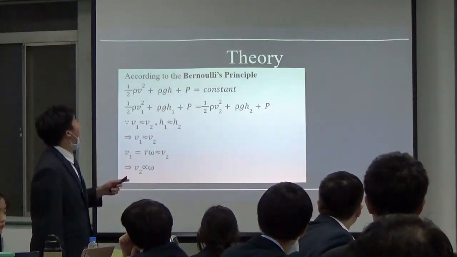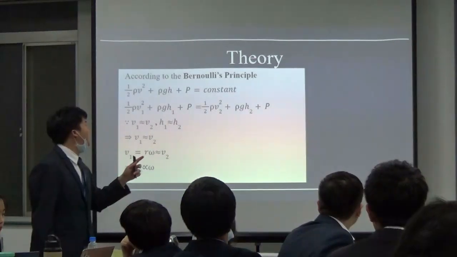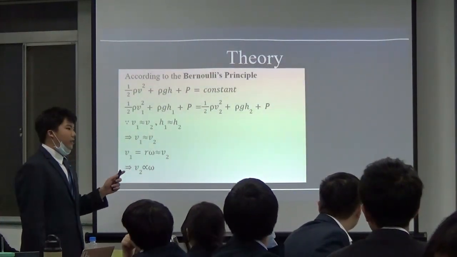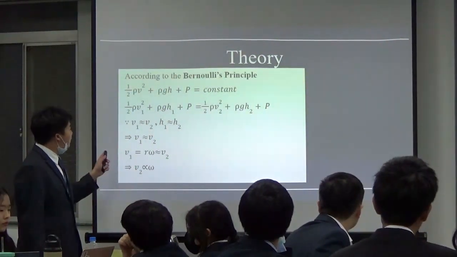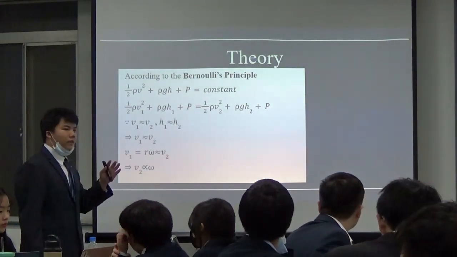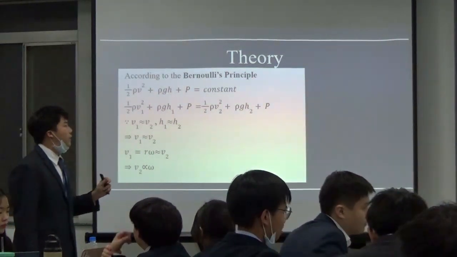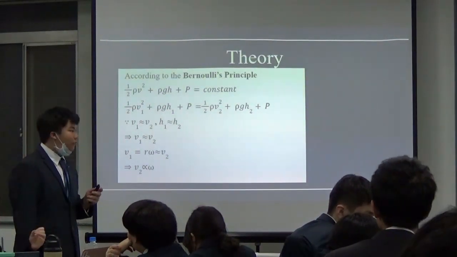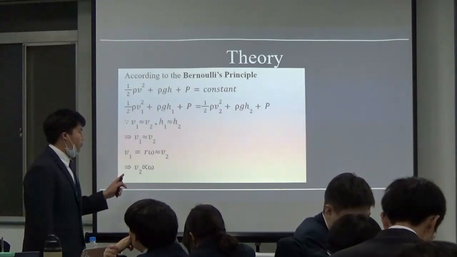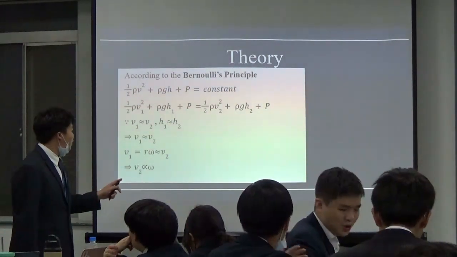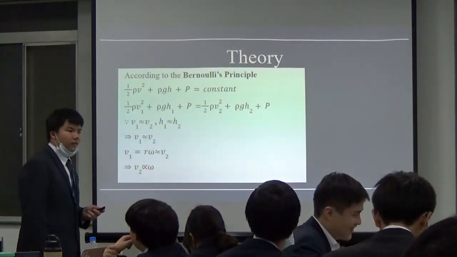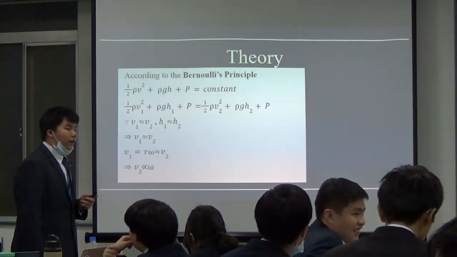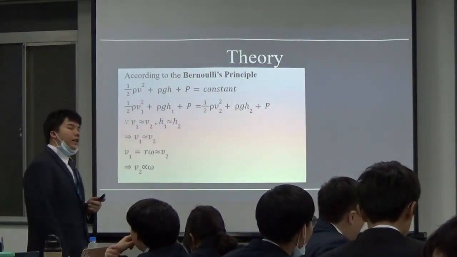And this is our theory. According to Bernoulli's principle, we can assume that the pumping speed, the speed of the water flowing out from the straw, is proportional to omega, the angular velocity.